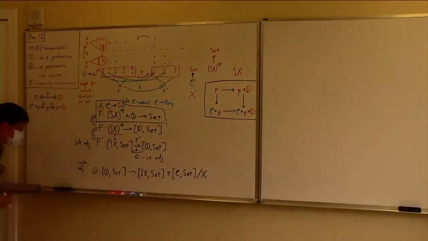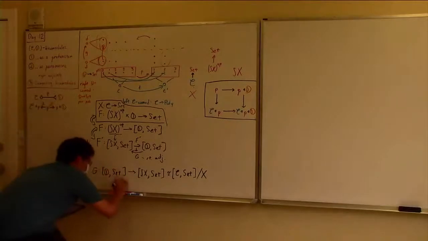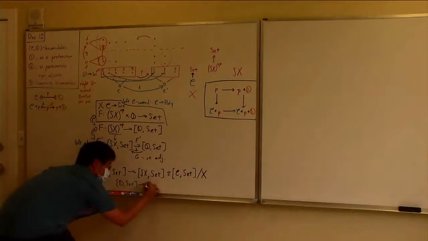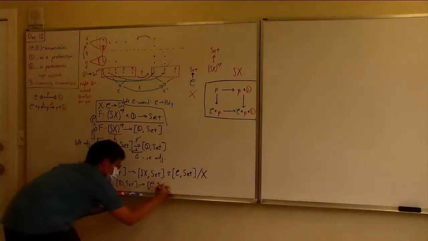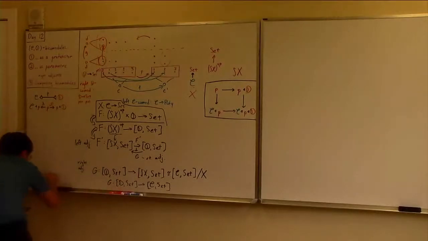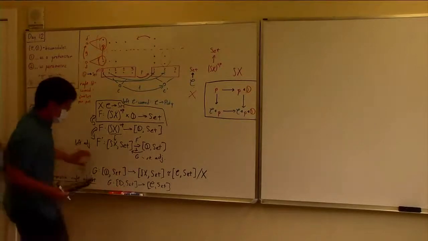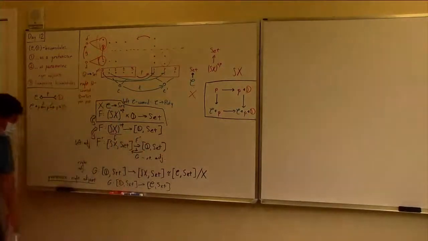But then this is no longer going to be a right adjoint, and this particular functor from D comma Set to C comma Set is what we call a parametric right adjoint. And the definition of a parametric right adjoint is exactly that: you can get it from a right adjoint into a slice category like this.